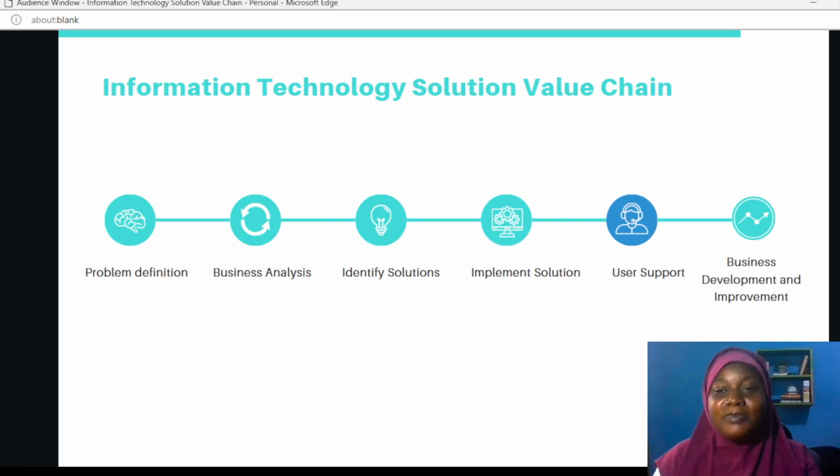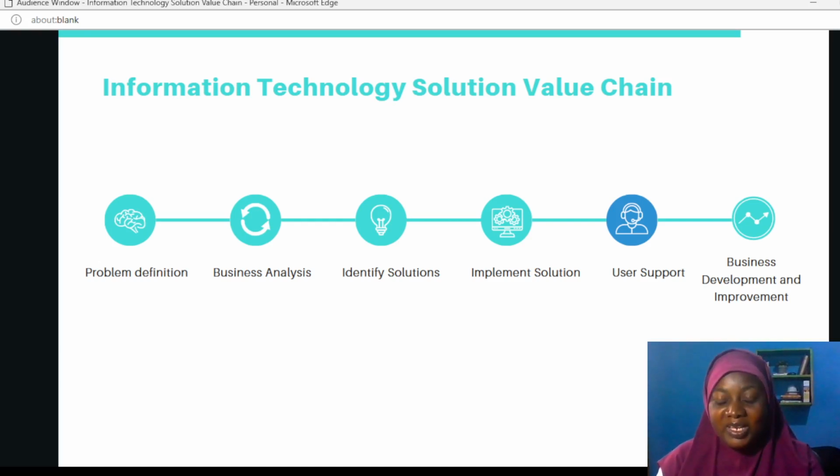So the first step in building any IT solution is to identify the problem. So what is the problem? Then after identifying the problem, usually organizations look at the business. If it's an organization that's already existing, they look at what's the business case for the solution.